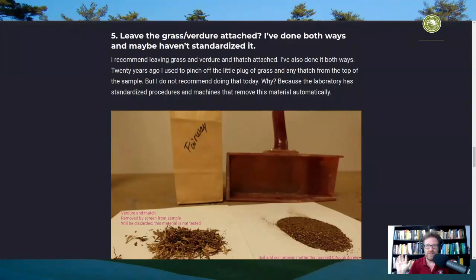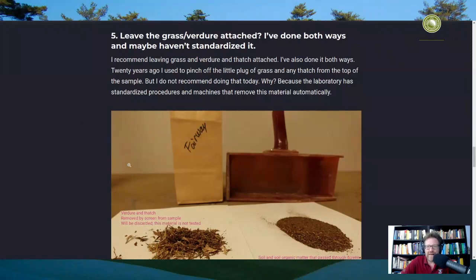I used to pinch off the grass and thatch, but I don't anymore. I recommend leaving the grass and verdure and thatch attached. And I wrote that in the answer, and I continued saying, I've also done it both ways. 20 years ago, I used to pinch off the little plug of grass and any thatch from the top of the sample, but I do not recommend doing that today.